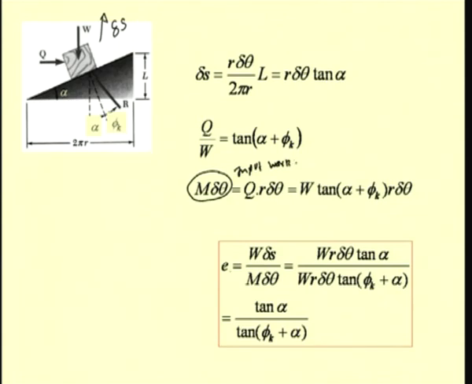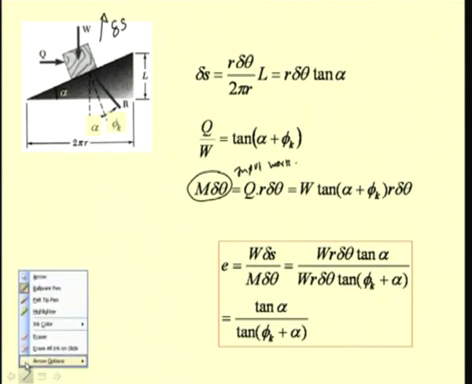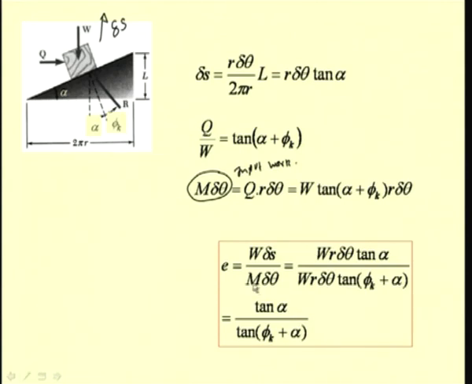So, efficiency we can define as the work done to raise this load, that is W times delta S, divided by the input work, which is m delta theta. So, we have W delta S, as W delta S is R delta theta tan alpha.